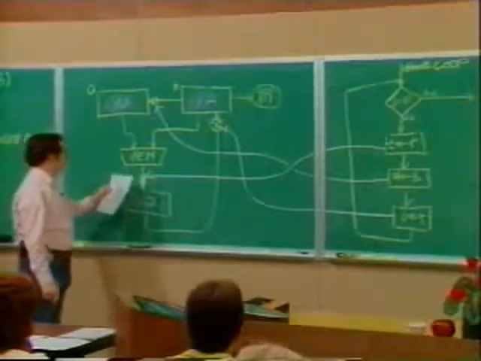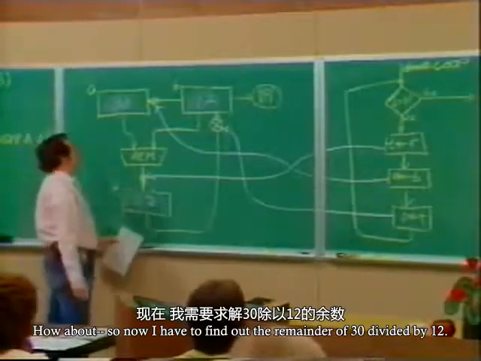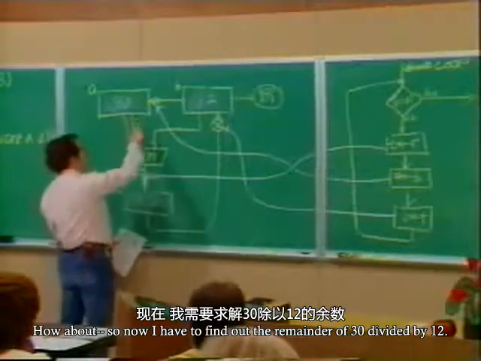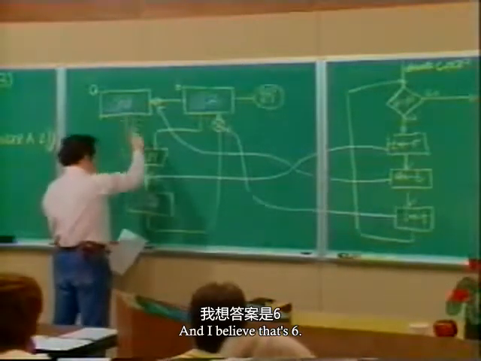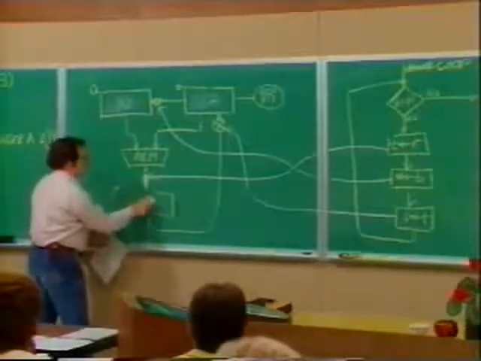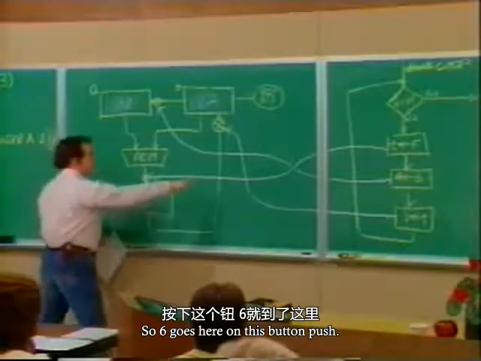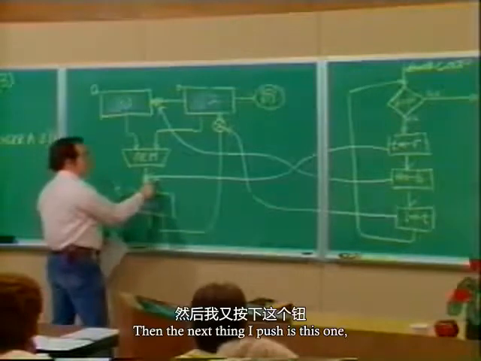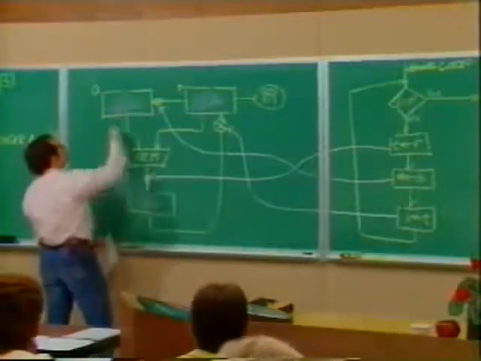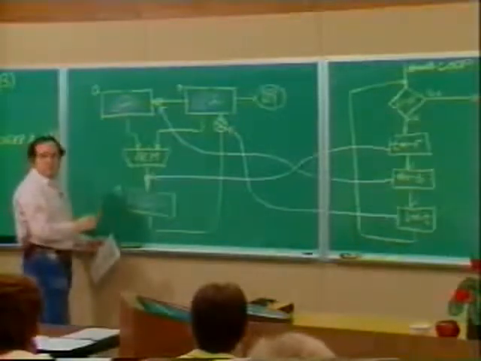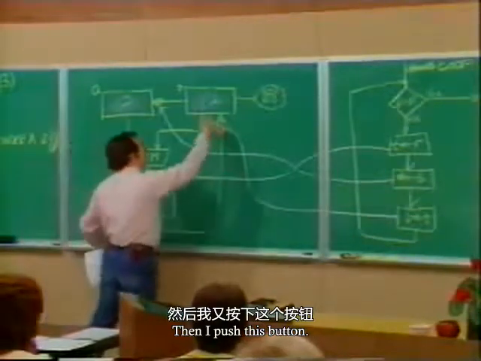Is that done? No. So now I have to find out the remainder of 30 divided by 12. And I believe that's 6. So 6 goes here on this button push. Then the next thing I push is this one, which the 12 goes into here. Okay. Then I push this button, the 6 gets into here.